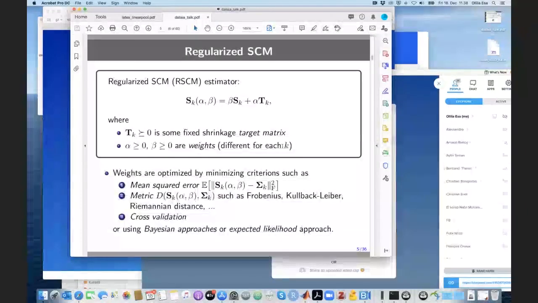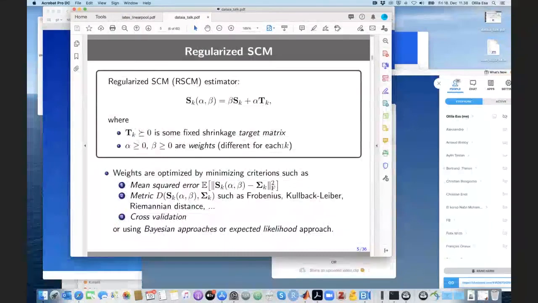This target matrix is at least a positive semi-definite matrix. Then, of course, you have the problem of how to choose those weights, alpha and beta. These weights are, of course, different for each k. The main problem is that if you have a certain a priori knowledge, reflected in this target matrix, how would you choose these weights?